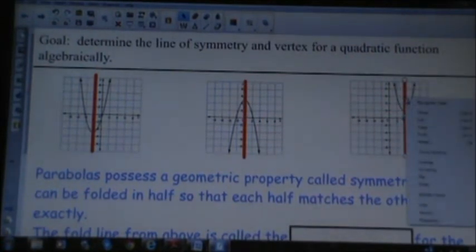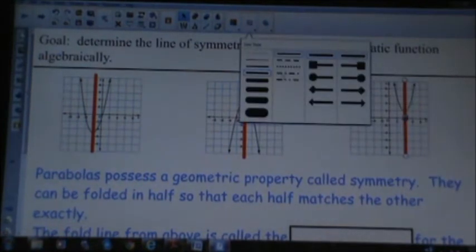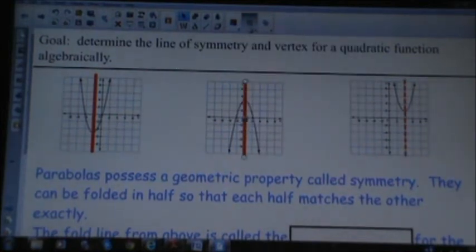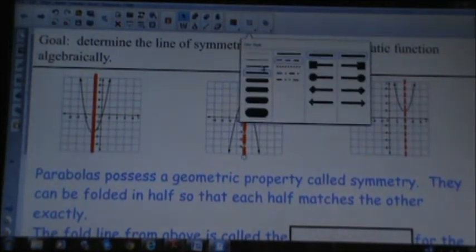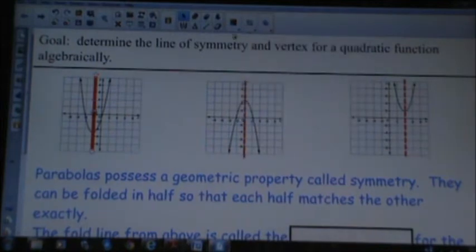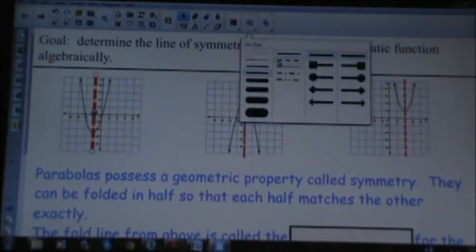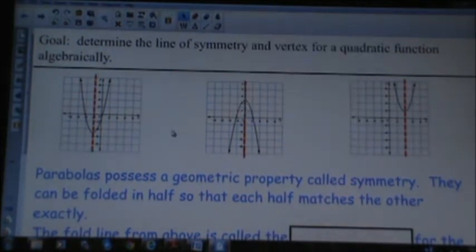I'm going to change that into a dotted line, a little bit thinner, so we can see what that looks like. So what's on one side of the red line, on the left side, I've got the same thing on the right. And the same thing for each of these parabolas.